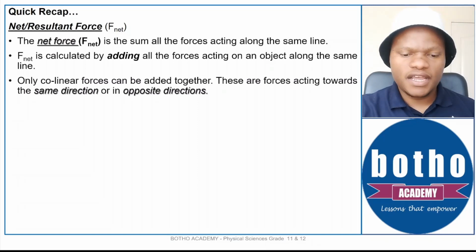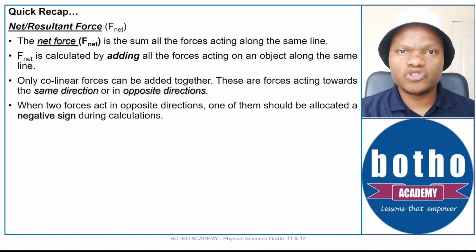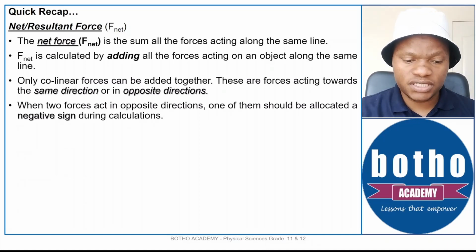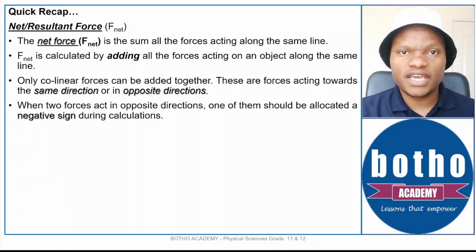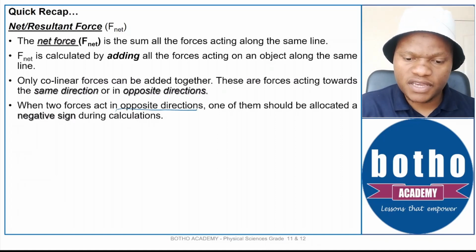Next, the other thing that you need to understand is that if you have two vectors going in opposite directions and you need to add them, they can be added since they are collinear. If they are going in opposite directions, it means they are collinear, therefore they can be added.